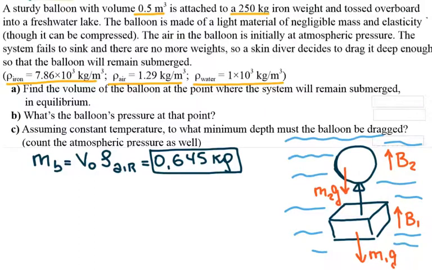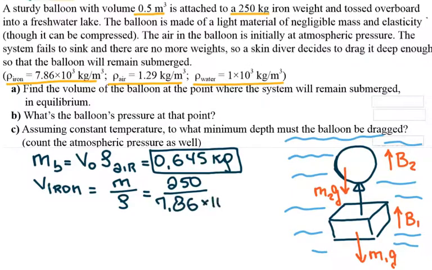I can also calculate the volume of the iron. So that is the mass of the iron divided by the density of the iron, which is 250 divided by 7.86 times 10 to the third, and that will give me 0.0318 meter cubed. So I know the volume of the iron.